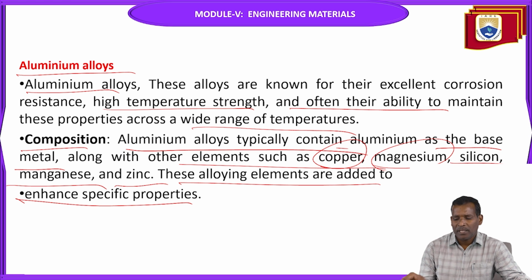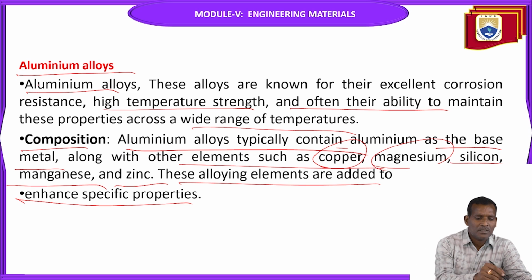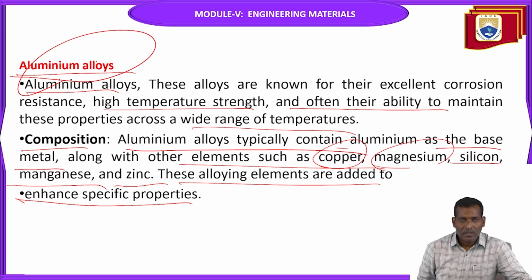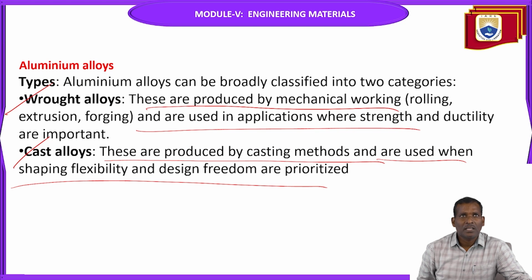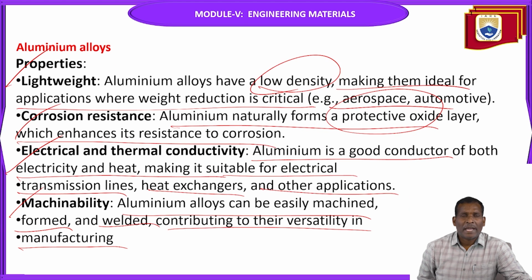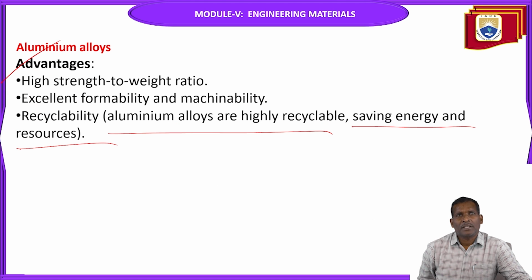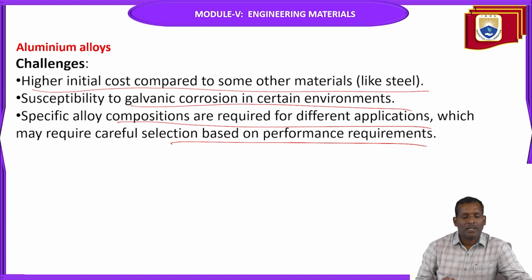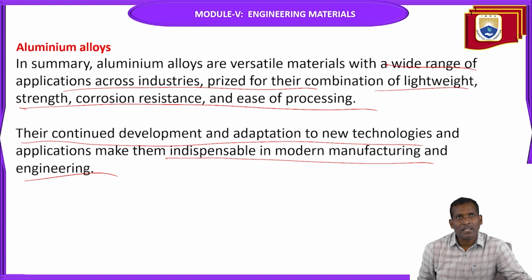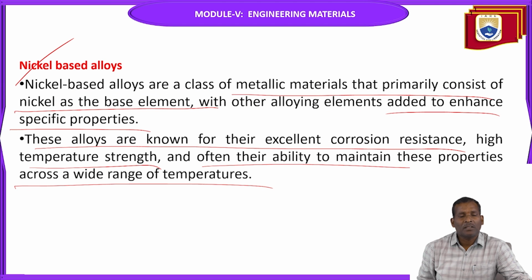The first material discussed is aluminum alloy. We have seen the alloy composition, and then types, properties, applications, and advantages. And also we have learned the challenges. Similarly, the second material is nickel based alloys.